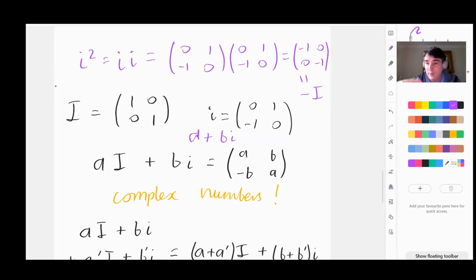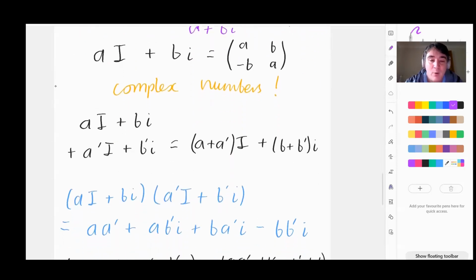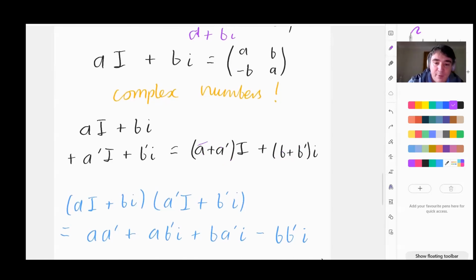And so the story is very similar to what we saw with the dual numbers. We can now consider expressions of this kind of form, A times the identity matrix plus B times little I. And if we add one such expression to another, then they add as you'd imagine. We add the real parts and we add the imaginary parts.